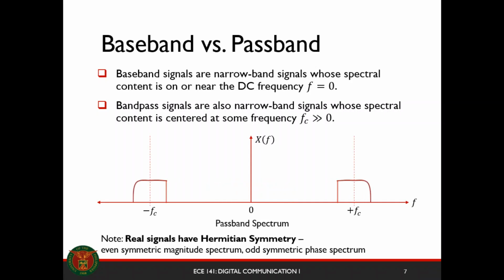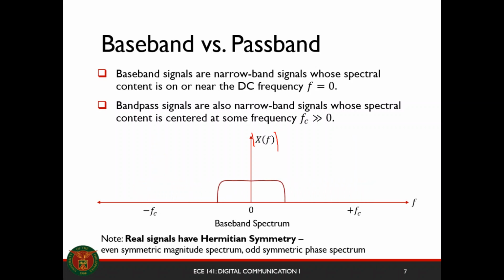So real signals have Hermitian symmetry. That means their magnitude spectrum is symmetric, as you can see here. This is actually the magnitude of x of f. And whether it's baseband or it's passband, it always has an even symmetry in its magnitude spectrum. Its phase spectrum has odd symmetry.